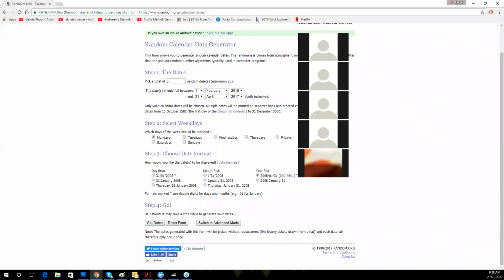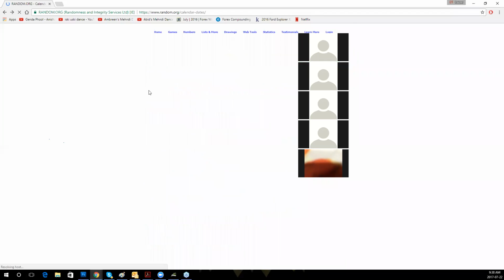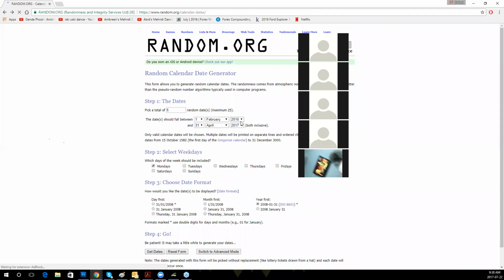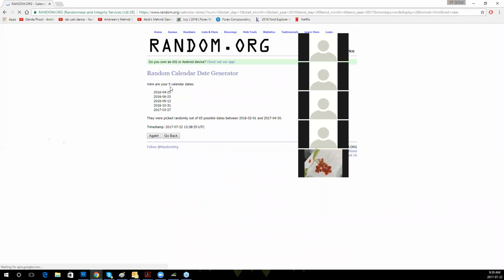We're going to do what they don't want us to do. Can we get these? Why? No date generated? February, April. Oh, April didn't have 31 days, 30 days. See, I'm not the brightest person. Okay, so we got these 3 dates here.